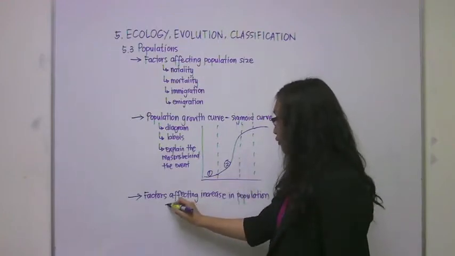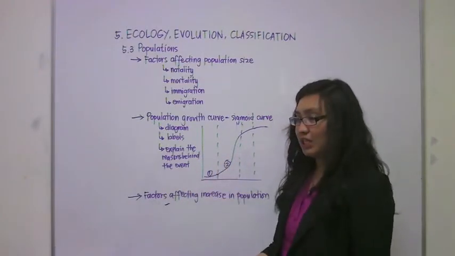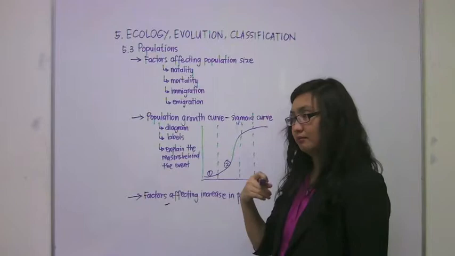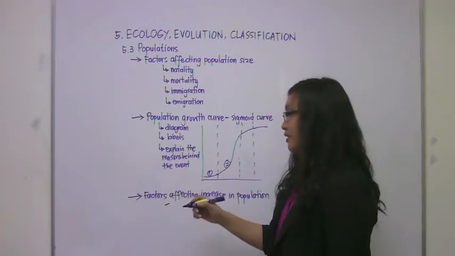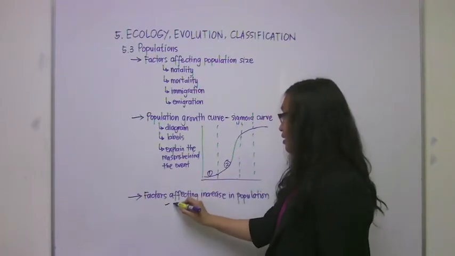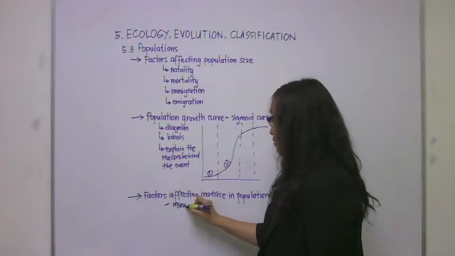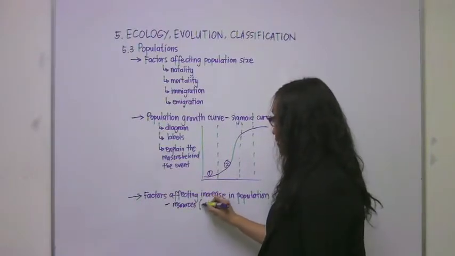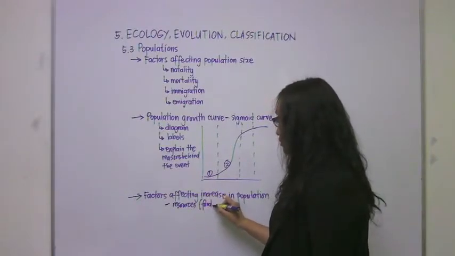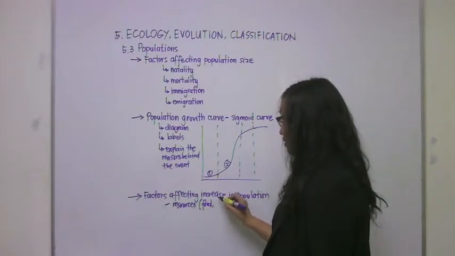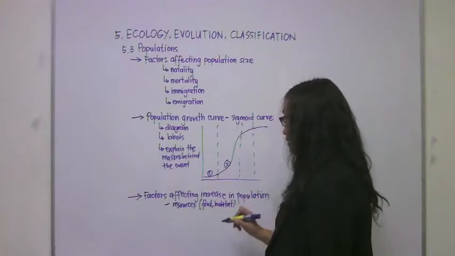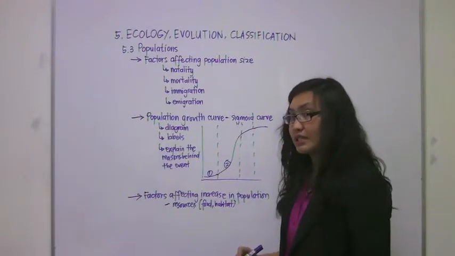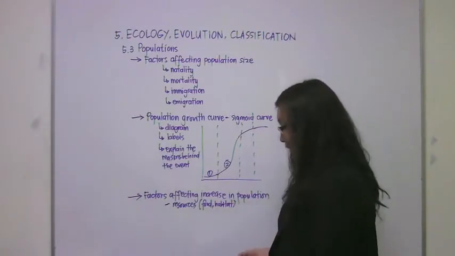Of course, we cannot expect a population to just randomly increase, but there are certain factors that are needed, such as resources like food source and resources like habitat. Those are actually affecting the organisms in increasing population.